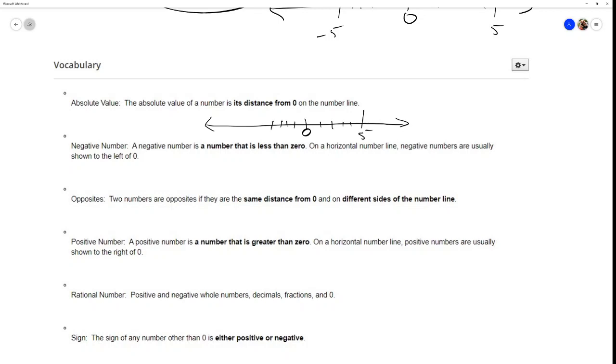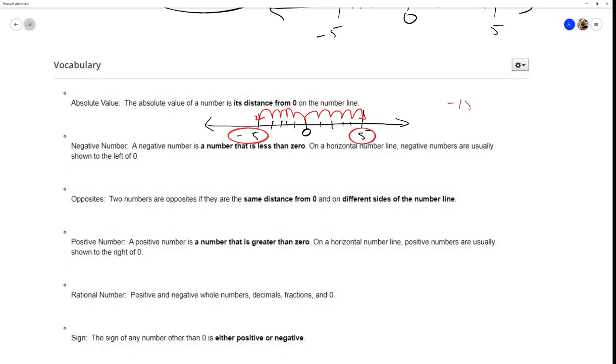Negative 5, positive 5. So if I go jumping, 1, 2, 3, 4, 5, that means this 5 is 5 jumps away from 0, and this 5 is 5 away from 0.